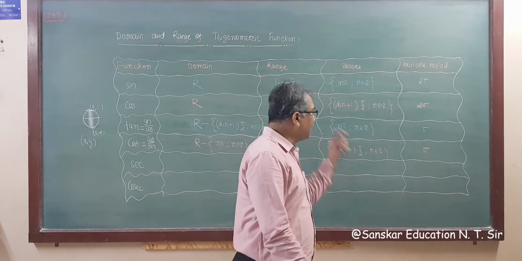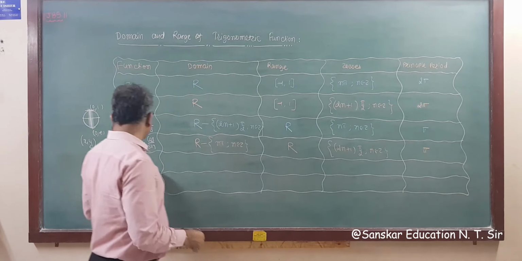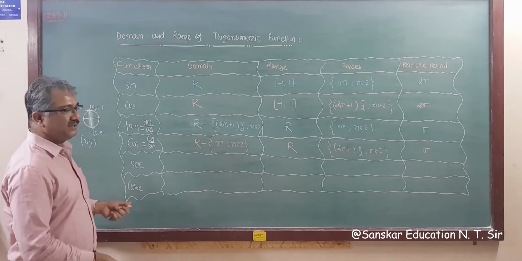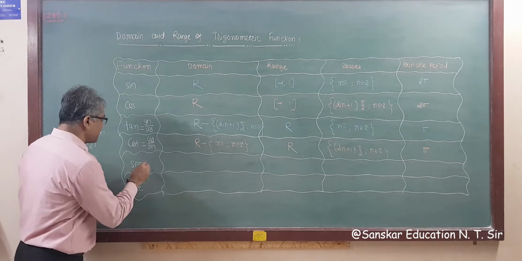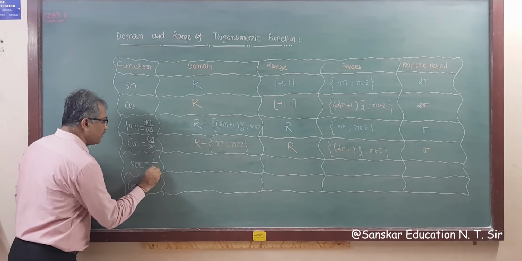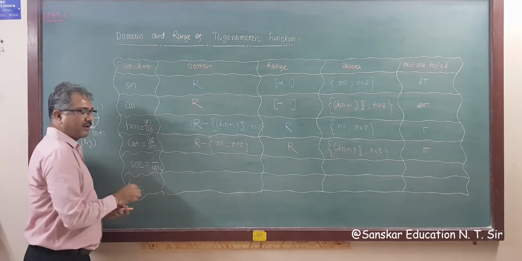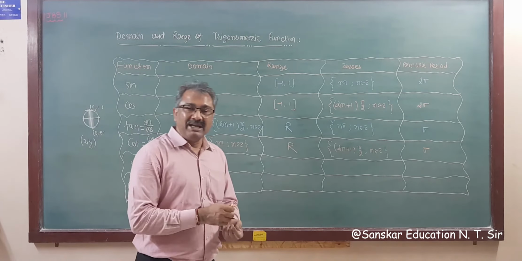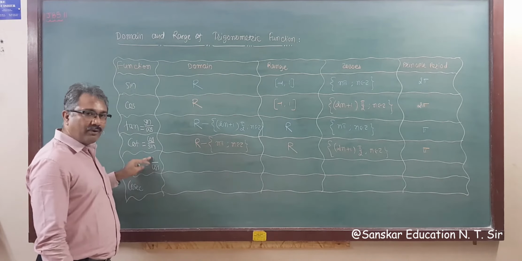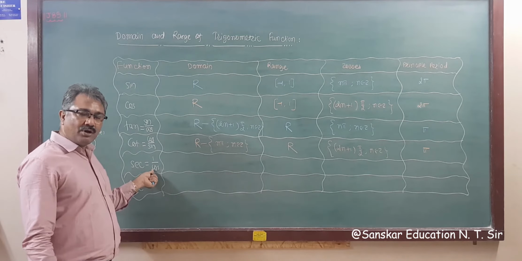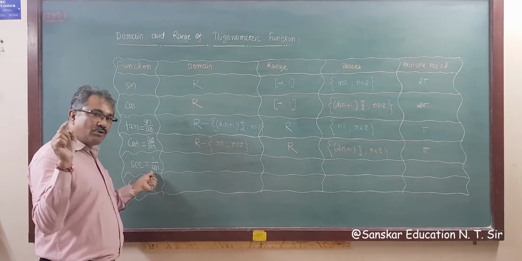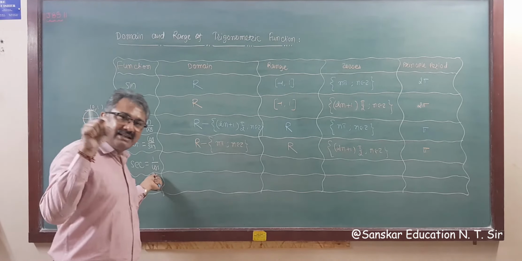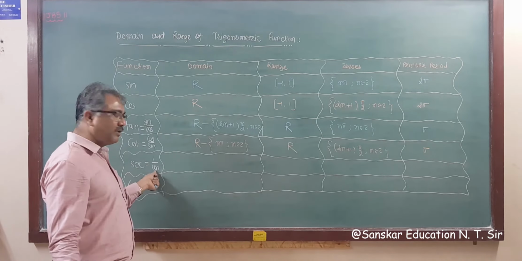Similarly, the sec function. Sec means 1 upon cos. The numerator is never equal to 0. If the denominator is 0, then sec is not defined, which means when the cos function is 0, the sec function is not defined.